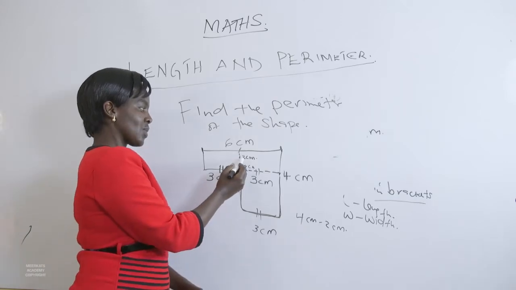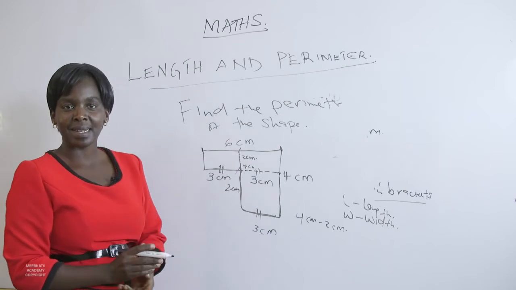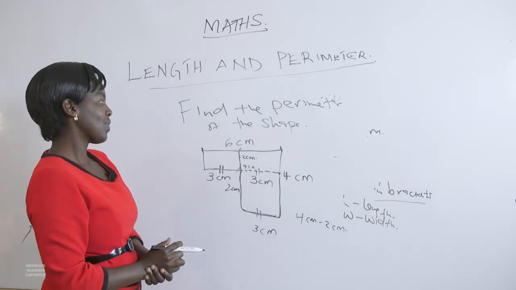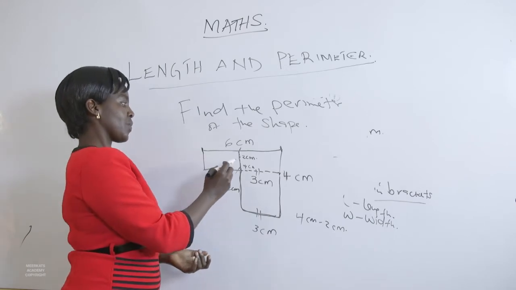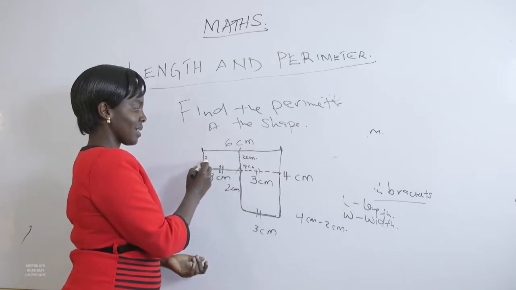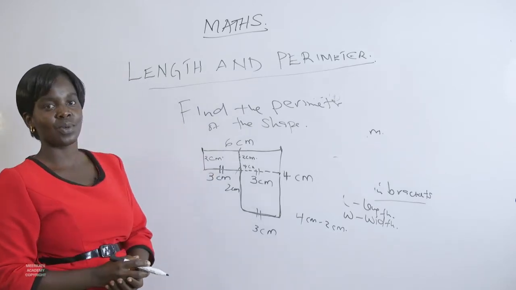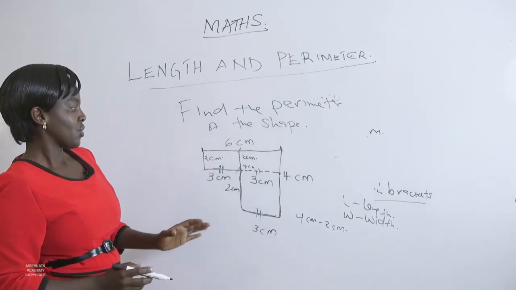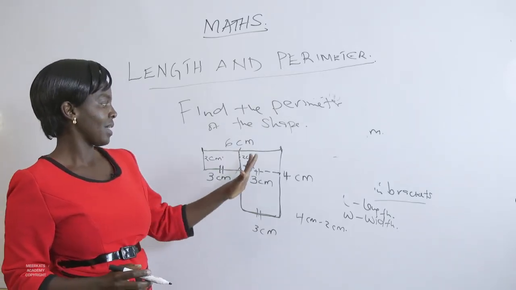So then if this is 2 centimeters and we realize that this one is also another rectangle, then what do we know again about a rectangle? Opposite sides are equal. So this is 2 centimeters, meaning this is also 2 centimeters. That's also 2 centimeters.